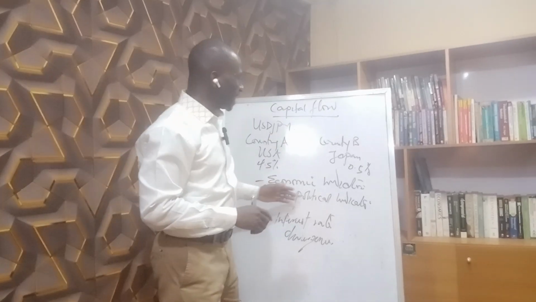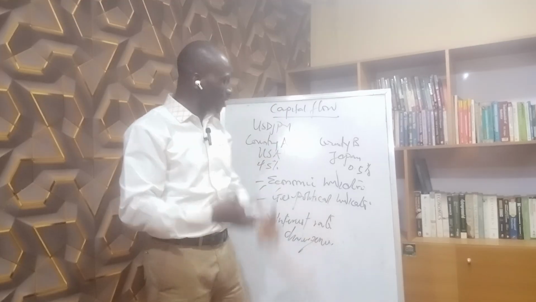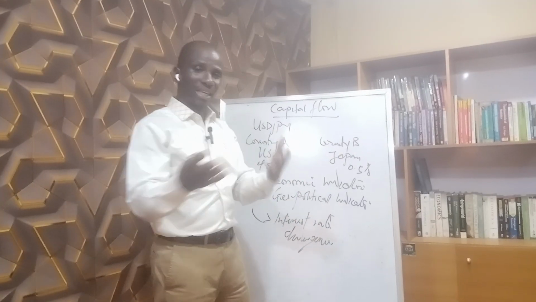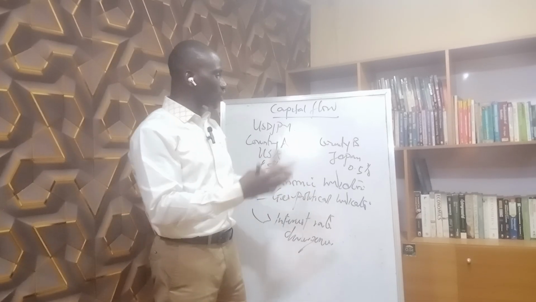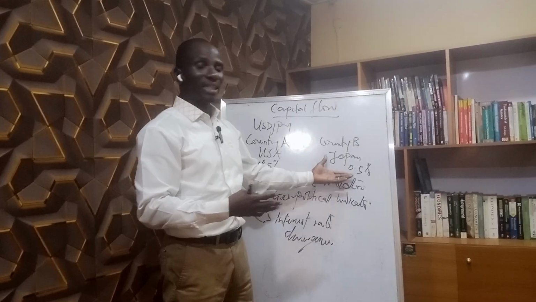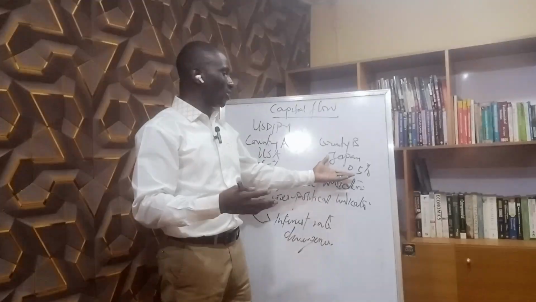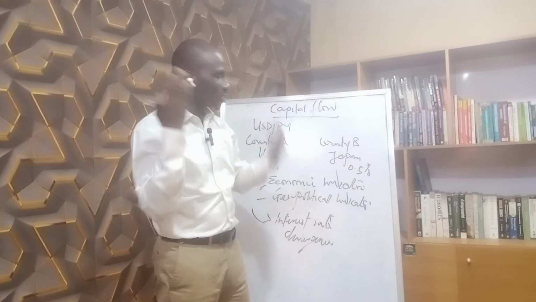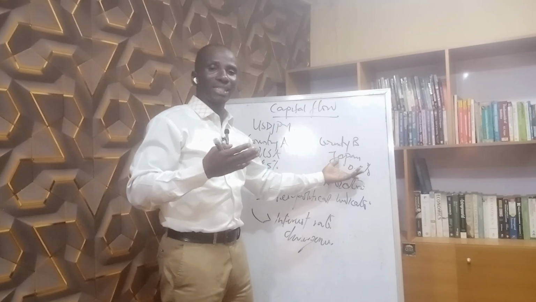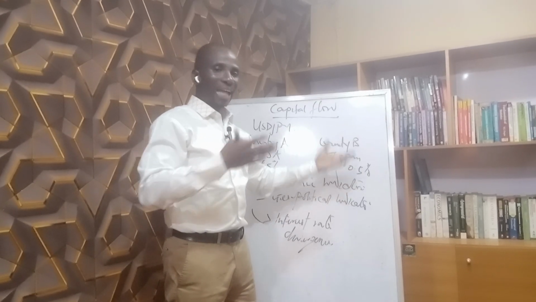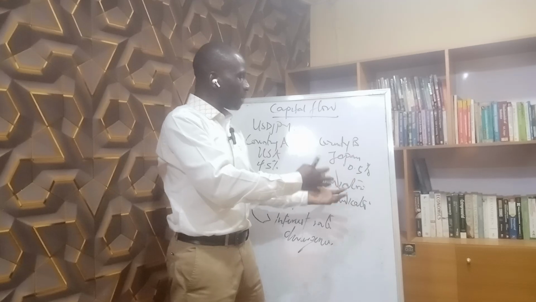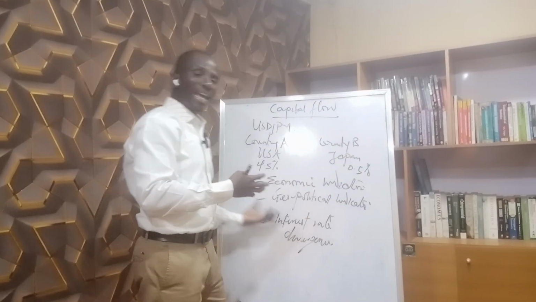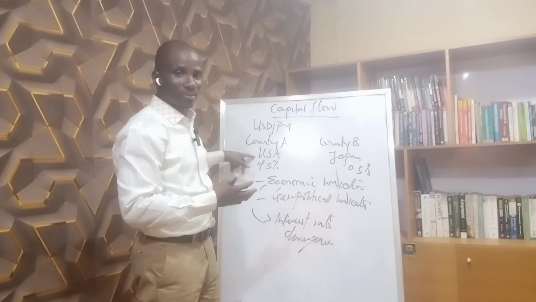Why? Because of the activity of investors in terms of carry trade. Let me quickly explain what carry trade means. Investors know that in Japan, for you to borrow money, all you need is like 0.5%. So a rational investor can go to Japan, borrow money at the rate of 0.5%, and transfer that money by exchanging Japanese yen into US dollars to buy an asset in USA.